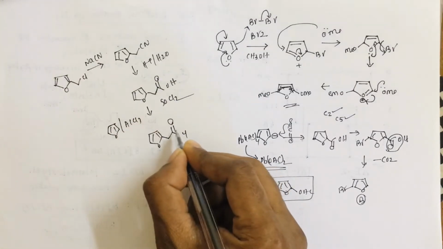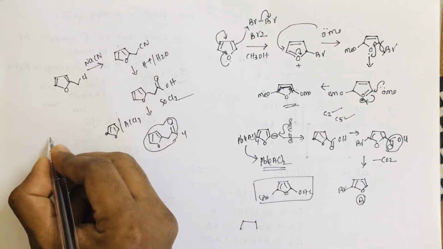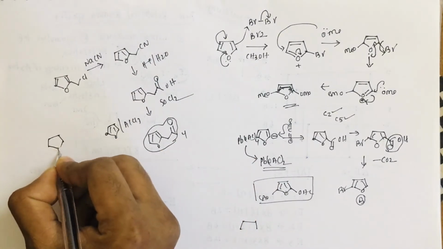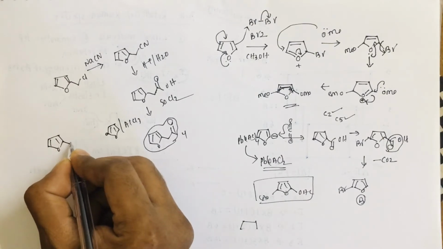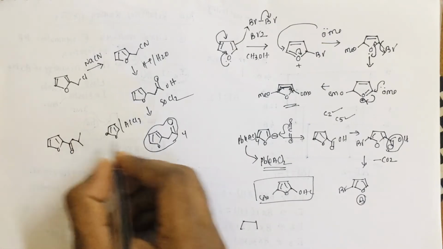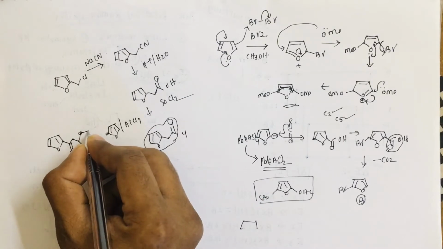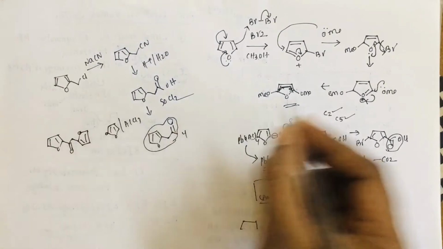So now this can act as an electrophile, and this attacks this alpha position. So now we'll get COCH2CH2COCH2, this product.